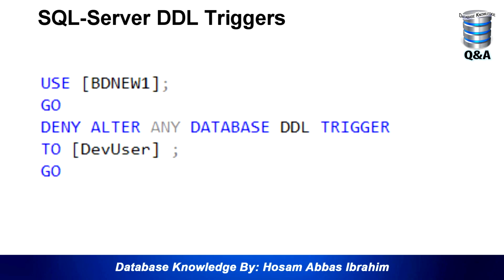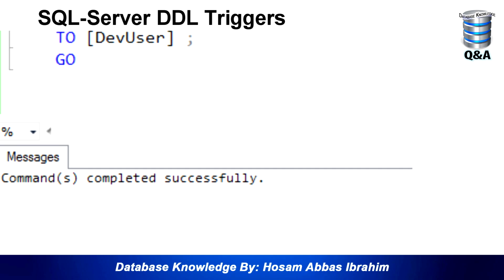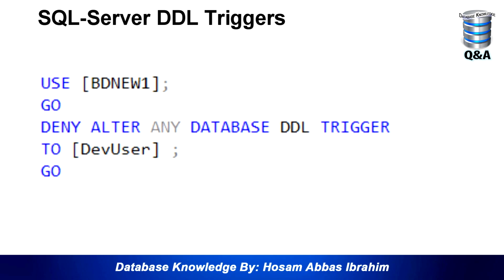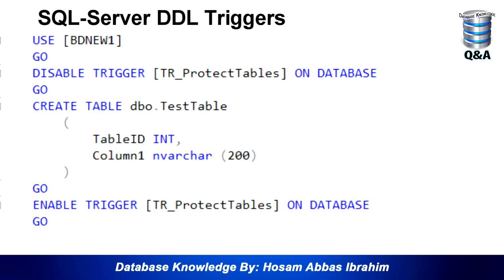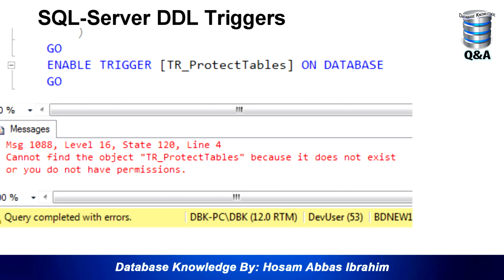So simply, I will deny the permission to alter any database trigger from the dev user. Here it is. And now the dev user cannot disable the trigger and he cannot touch the DBO schema in my database.